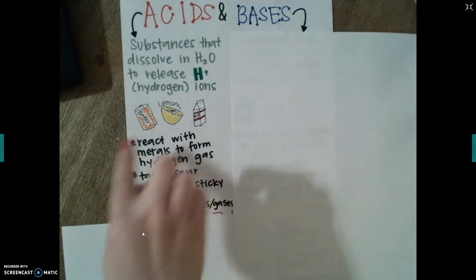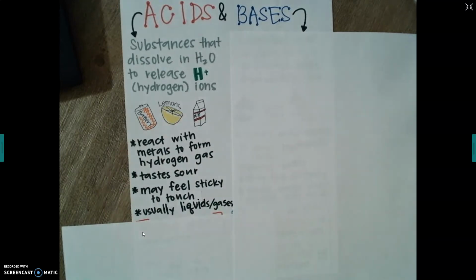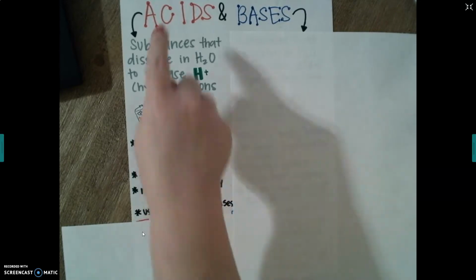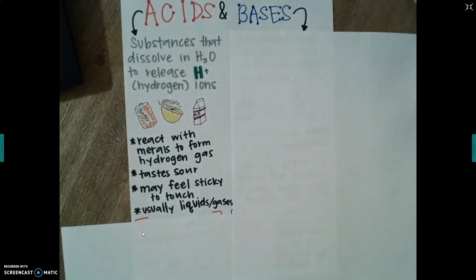This material, as far as examples and characteristics of acids, should sound a little familiar to you. You've heard it before, but the part that we're going to focus on as physical scientists is how dissolving acids impacts a solution's pH level.